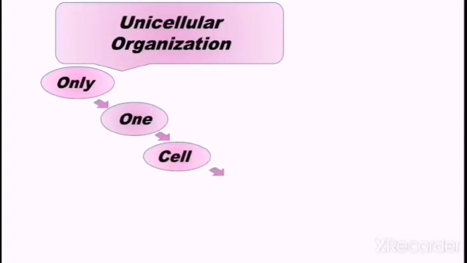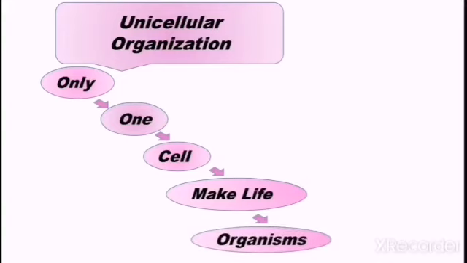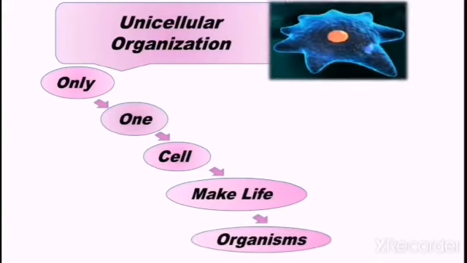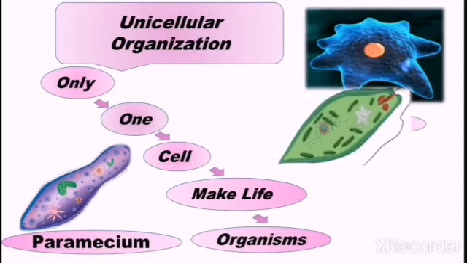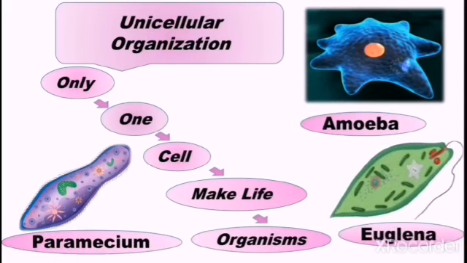In unicellular organization, only one cell makes the life of the organism. For example, amoeba, paramecium and euglena. All these are examples of unicellular organization. They are made up of only one cell and the life activities are carried out by only one cell.